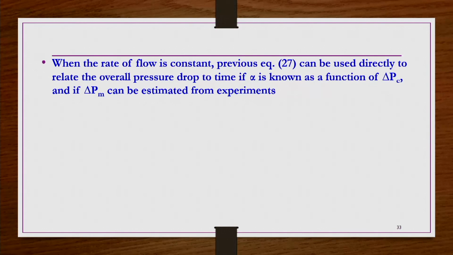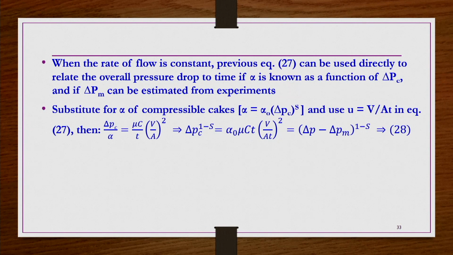When the rate of flow is constant, the previous equation number 27 can be used directly to relate the overall pressure drop to time if alpha is known as a function of delta Pc and if delta Pm can be estimated from experiments. So, in the above equation substitute alpha is equal to alpha naught delta Pc power s and use u is equal to V by A t in equation number 27.